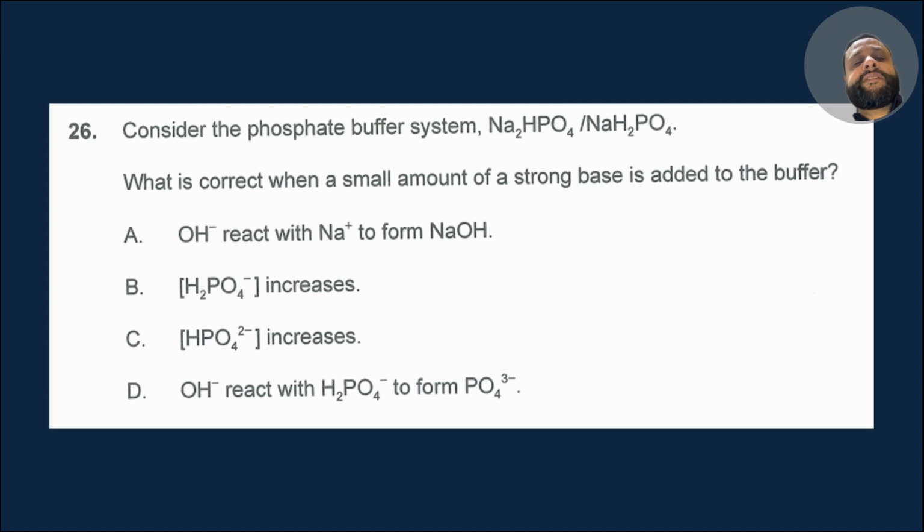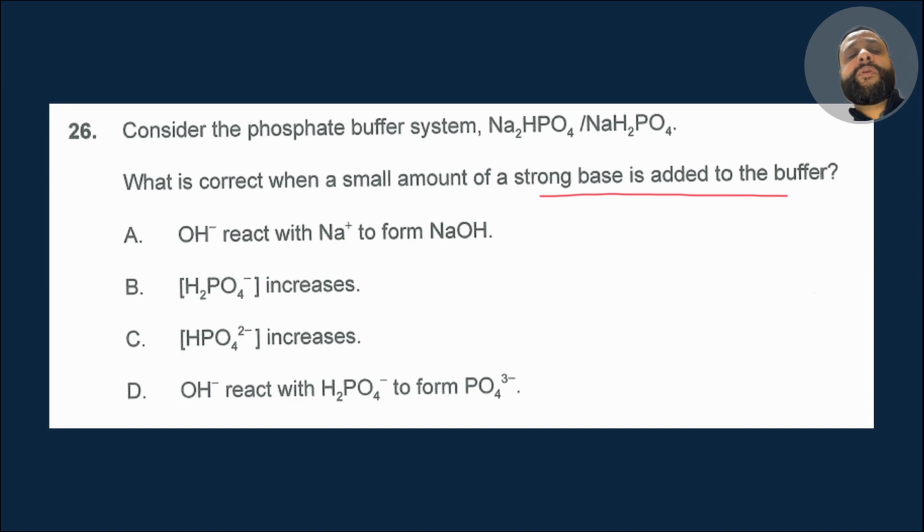Question 26. Consider the phosphate buffer system, Na2HPO4, NaH2PO4. What is the correct when small amount of a strong base is added to a buffer? Buffer solution is a solution that resists change in pH upon addition of small amount of acid or a base.